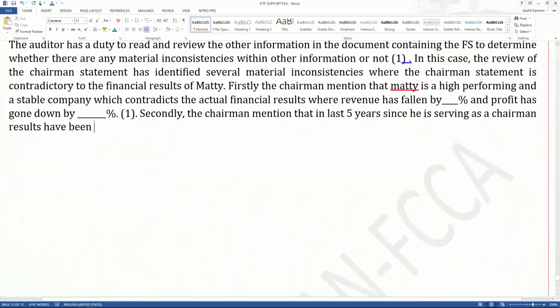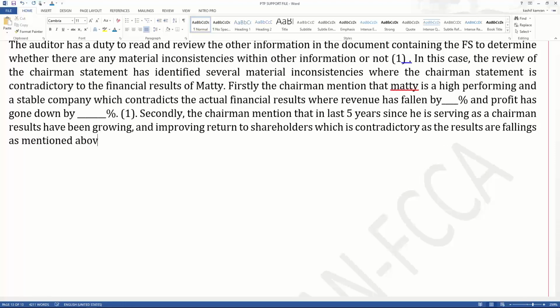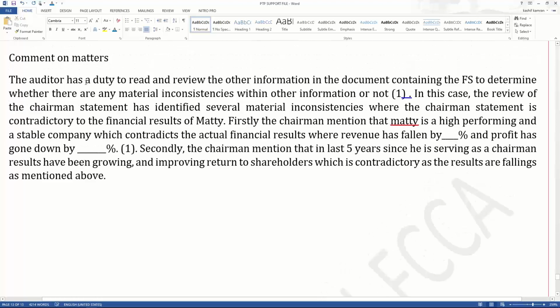Since he's serving as chairman, results have been growing and returns to shareholders improving, which is contradictory as the results are falling as mentioned above. Full stop.